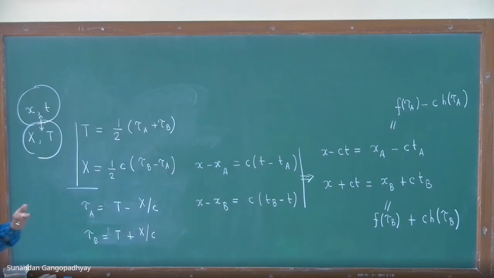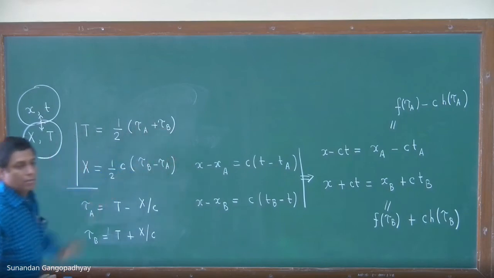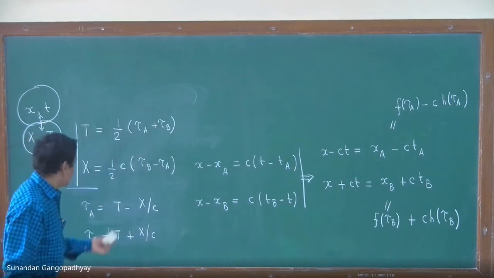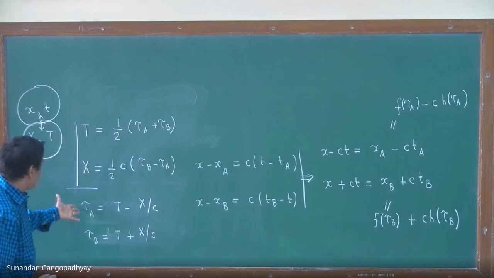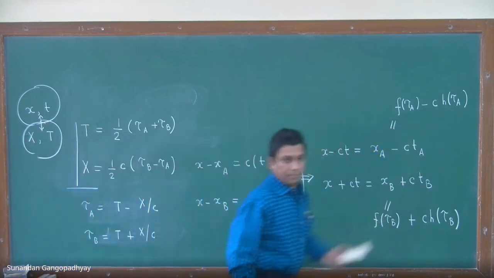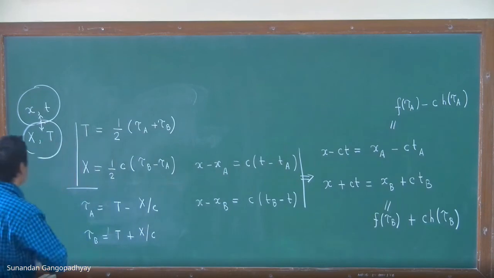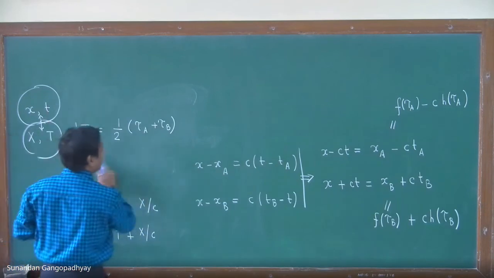That is your goal. That is the connection that you want to reach. But t and x, it is quite natural to ascribe this connection with the proper time coordinates. That is quite reasonable. If you do that, then this gets connected to this. And now what we can do is we can straight away put the tau A and tau B relations. And that gives you the general connection between x and t and capital X and capital T.